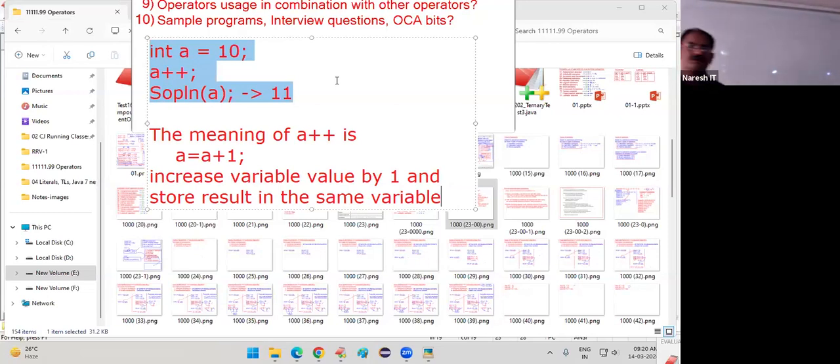It is used for decreasing a variable value by exactly 1.